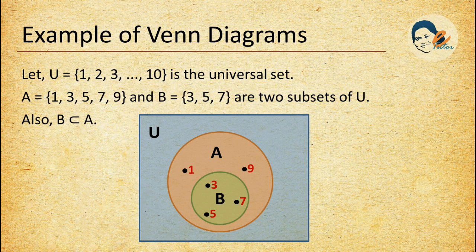Now, we have represented all the elements of set A. Now, these 5 elements of set A are also the elements of set U. So, the rest of the elements of set U will be represented in this way. So, here we have depicted the universal set and its 2 subsets and all the elements of these 3 sets using Venn diagram.